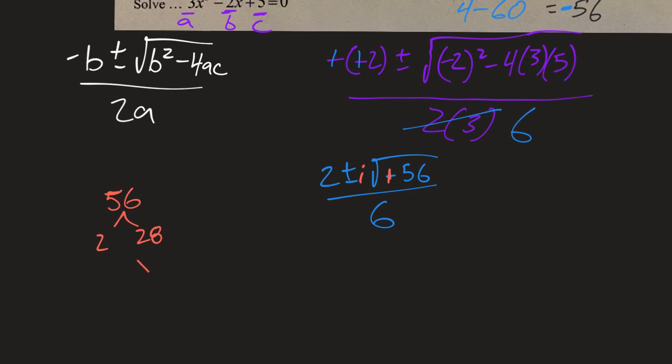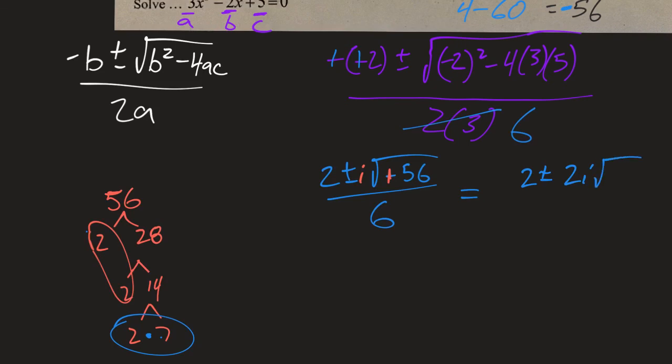Maybe we've got 2 and 14, 2 and 7. And here we go. These 2's, I'm going to take a 2 out. The rest, 2 times 7, is going to go back in there. So 2 is coming outside. Here we go. 2 plus or minus 2i, and inside my root, 2 times 7 is 14.